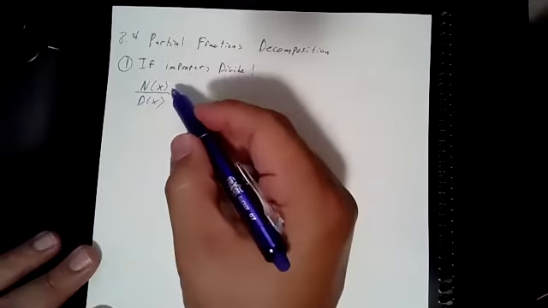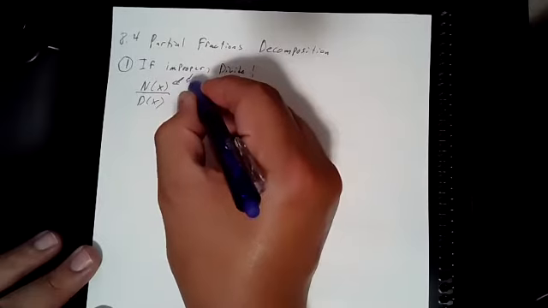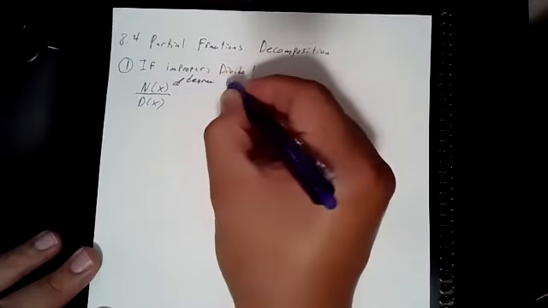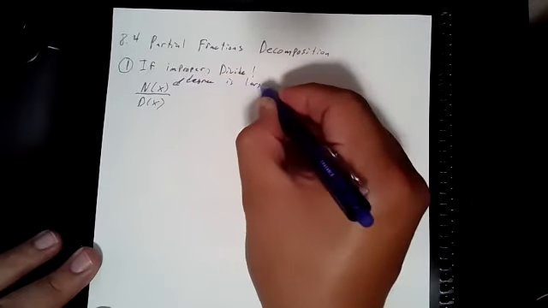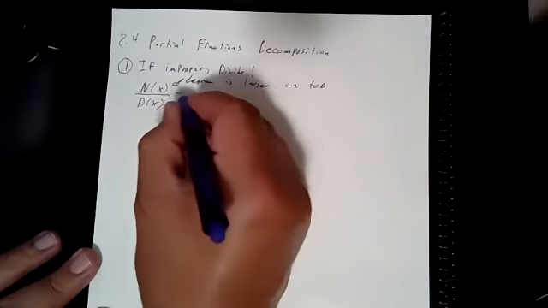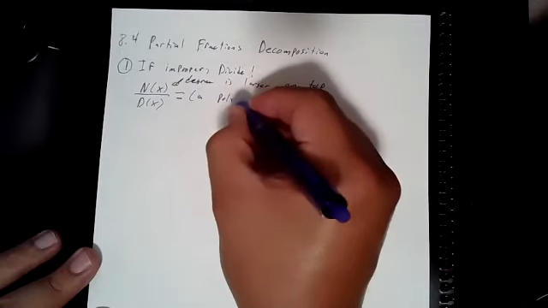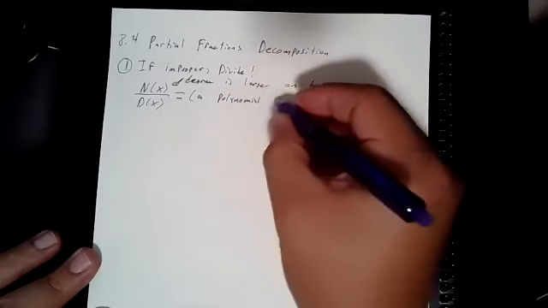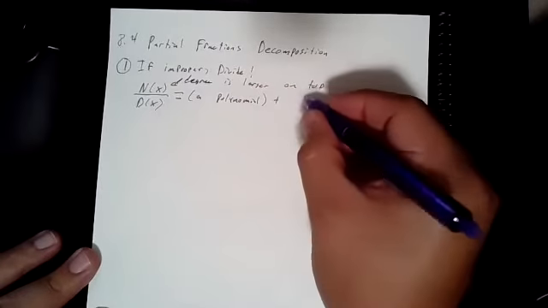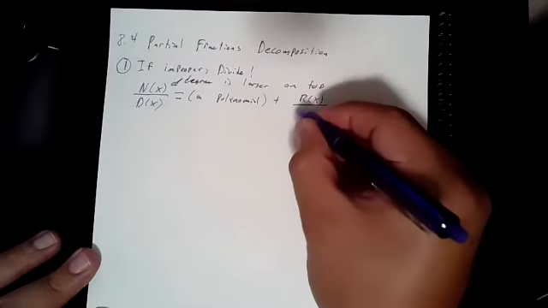And the top one's bigger, degree is larger on top, then you do your long division and you end up with a polynomial plus the remainder, right? That's what we showed earlier, over the divisor.